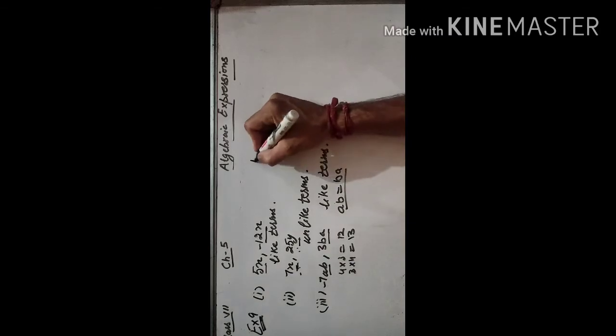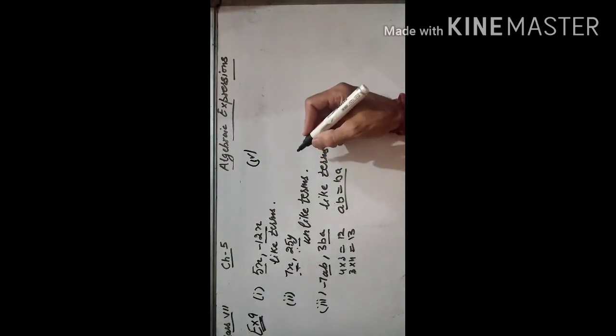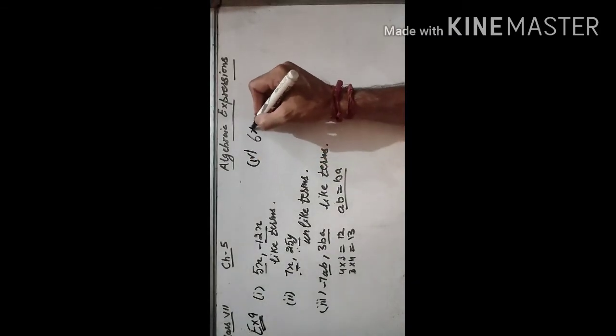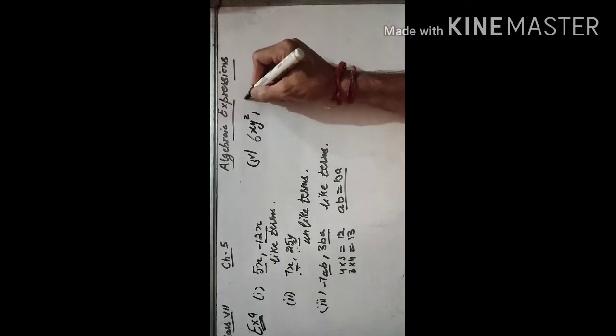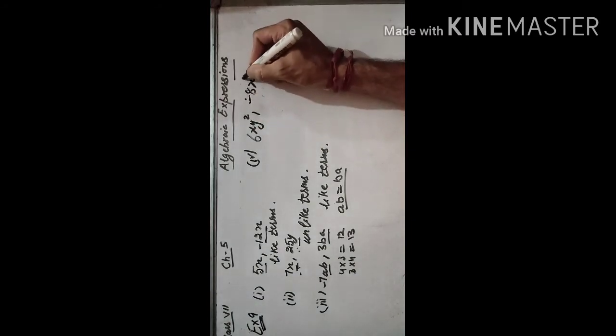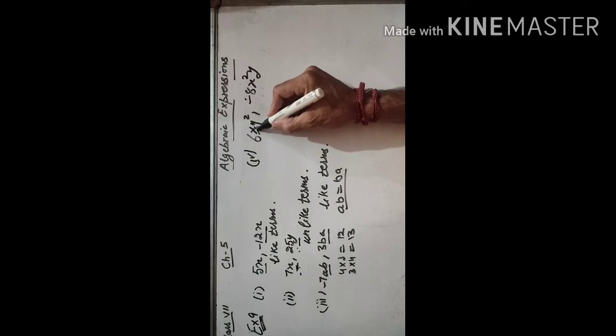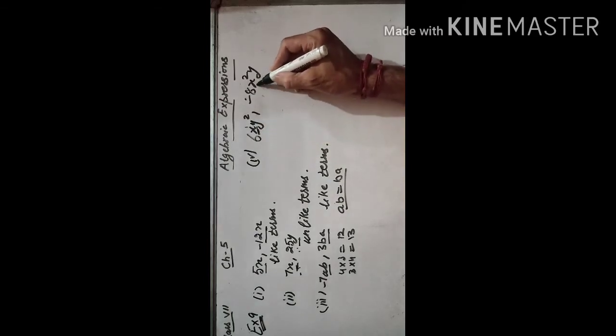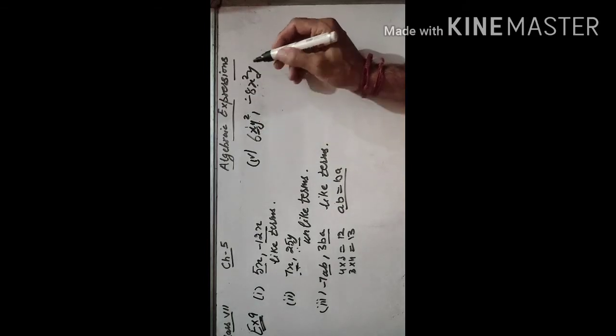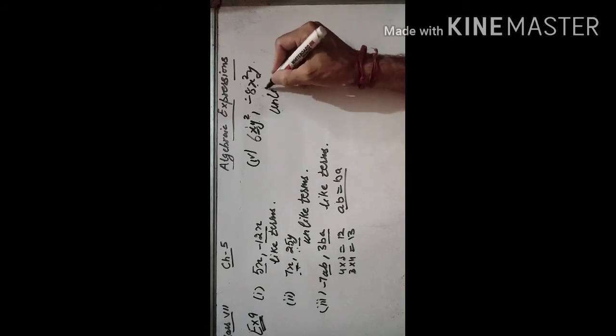Now the fourth part is 6xy square and minus 8x square y. Here the power of x is 1, here the power of x is 2, and the power of y is 2 here and 1 there, so it is an unlike term.